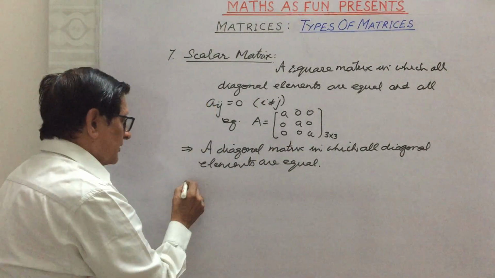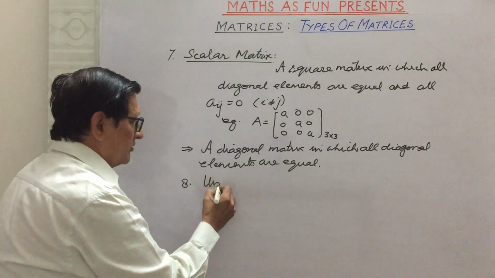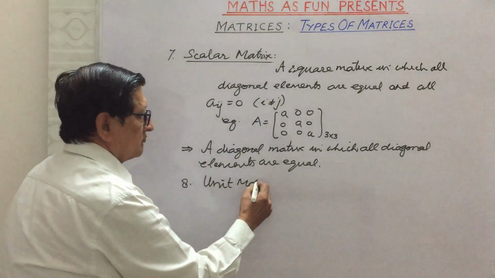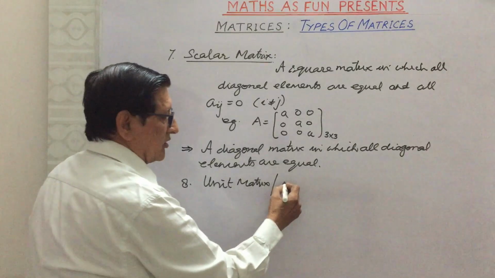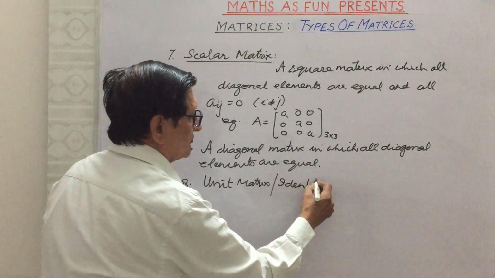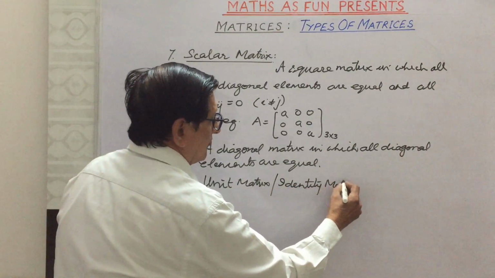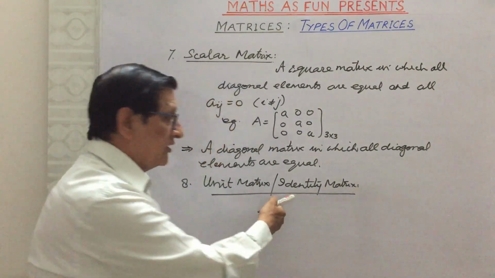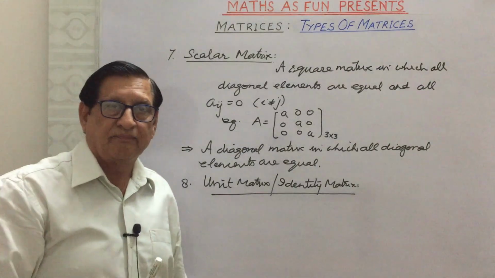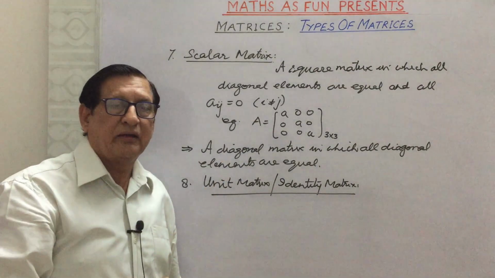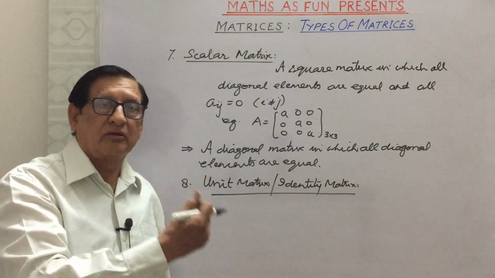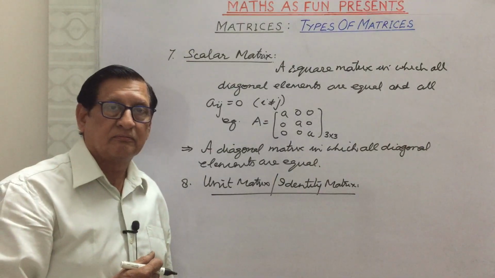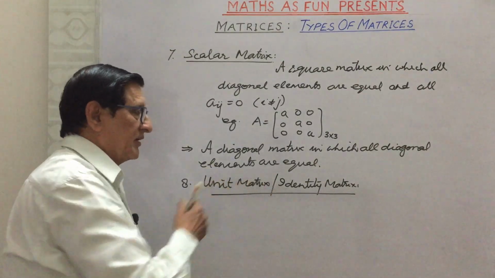Next type is called unit matrix, or we also call it as identity matrix. Actually, it is a multiplicative identity that we will be learning in the next video when we learn about the operations. So what is that unit matrix?